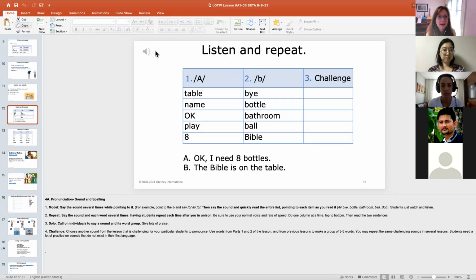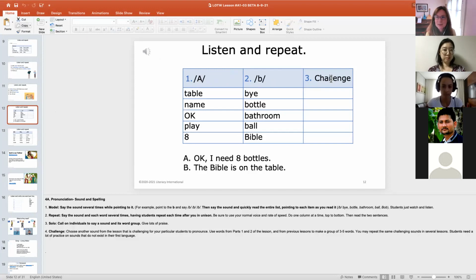And so for the first part of the pronunciation lesson, we have the sound here, which is the long A sound represented by the capital letter A. We have the B sound, and then column number 3 is always a challenge, which will be whatever sound your student needs to practice. You'll put that sound in box number 3.